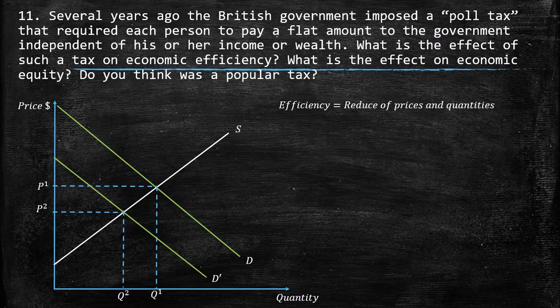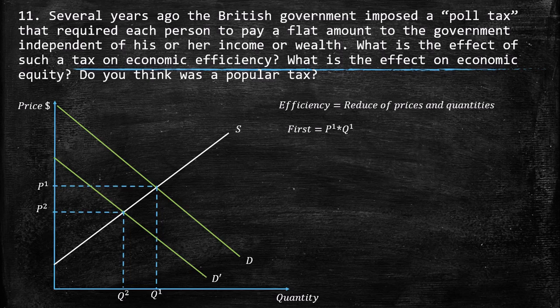So what about efficiency? We see here how it affects efficiency, because it reduces the price to P2, but as well it reduces the quantities. Consumers cannot spend as much, so they will be worse off, and on the other side the producers will receive less.